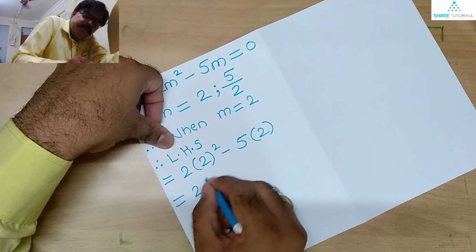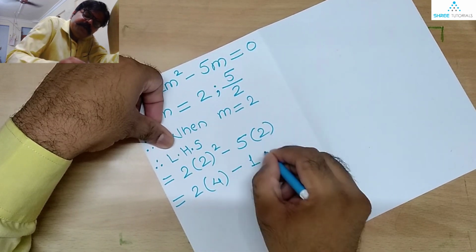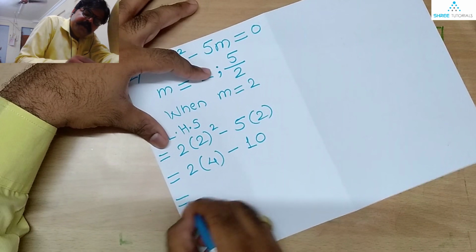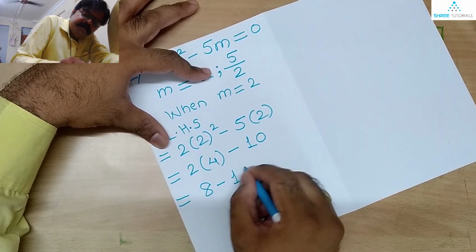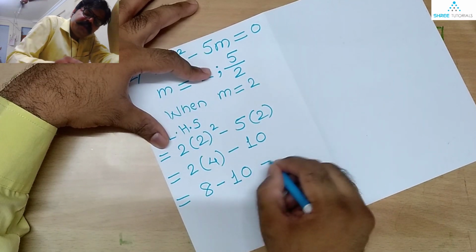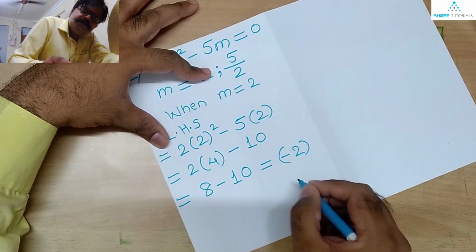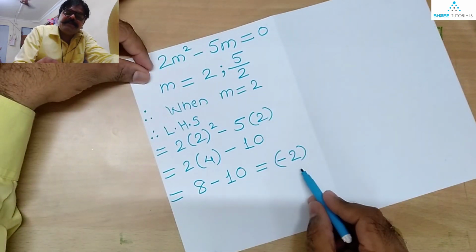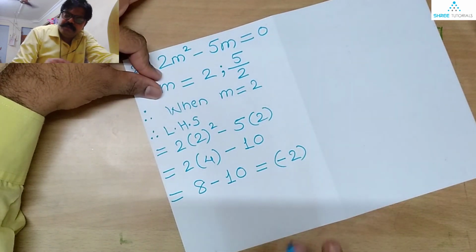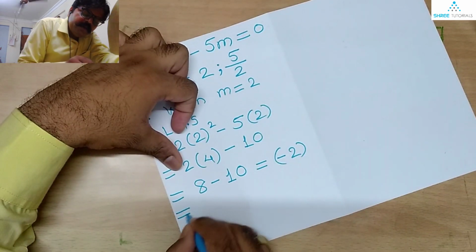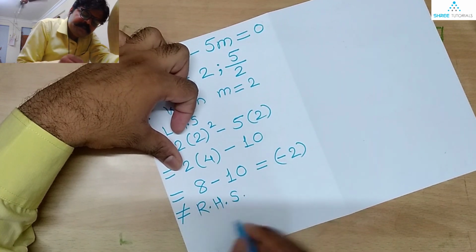Therefore 2 square will be 4, minus 5 into 2, that should be equal to 10, and 2 4s are 8 minus 10. So what we are getting over here is 8 minus 10, that should be equal to minus 2. Certainly this minus 2 is not equal to 0. That means this minus 2 is not equal to RHS.